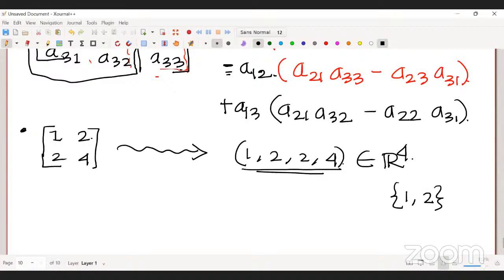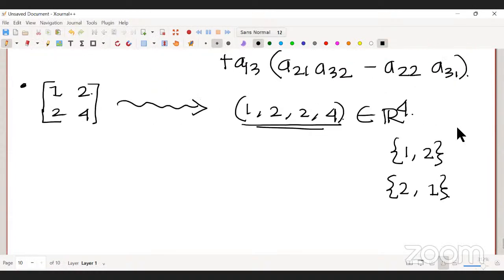An array is a collection of numbers with some order. Actually, these two are different, sir, the order is different. Yes, in an array also these are two different arrays. That is what I'm saying. So that means you can say that this is also an array. Okay, no problem.